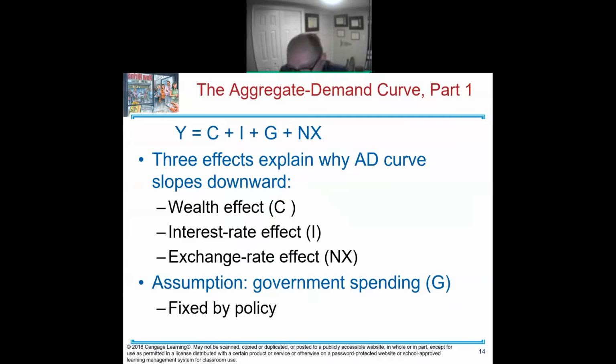So here's the formula that you all love so much. Very similar to the formula we learned about the demand curve. The aggregate demand is represented by wealth effect, consumer spending, plus the interest rate I, plus government spending, plus NX, which, as you recall, what's it called?